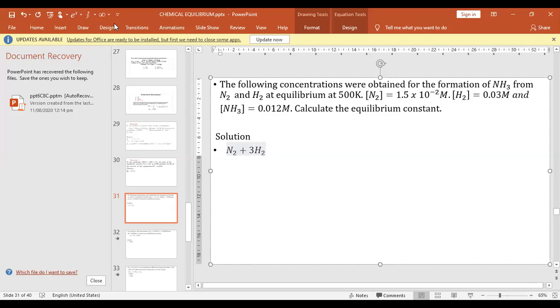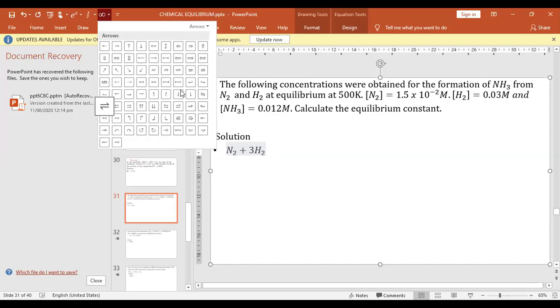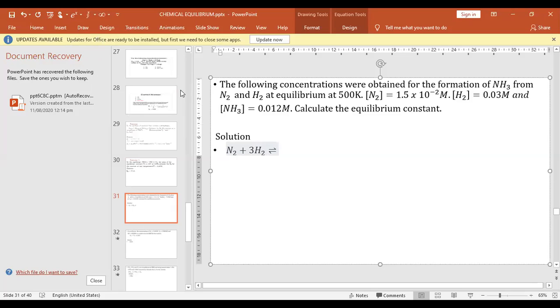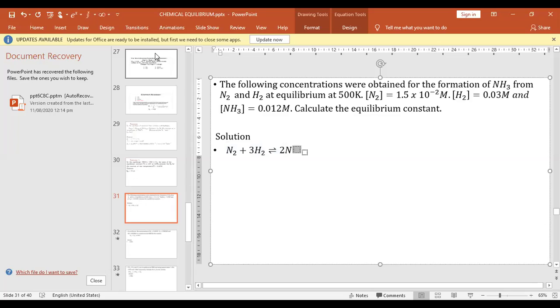And the product is 2NH3. Okay, so this is the balanced chemical equation. So the next step will be to write the Kc.